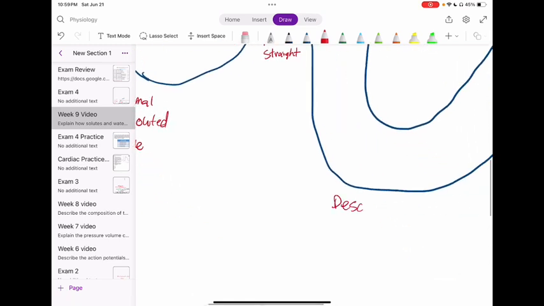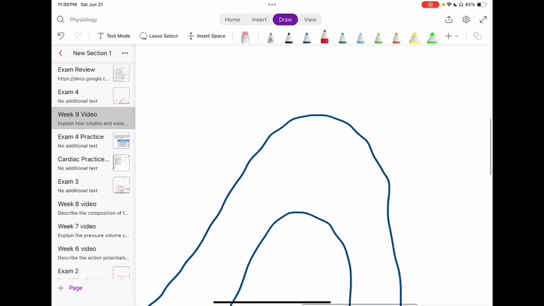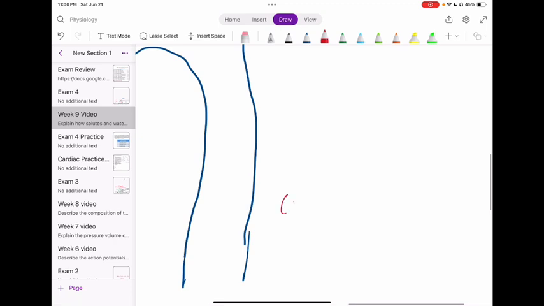With the descending tubule, ascending tubule, we have the distal collecting tubule. Right next to that we have the macula densa. We'll talk about this as it's an important part. And then lastly we have the collecting tubule.